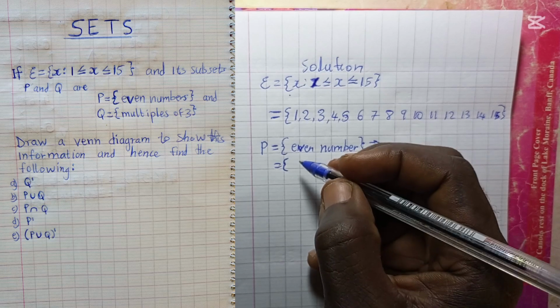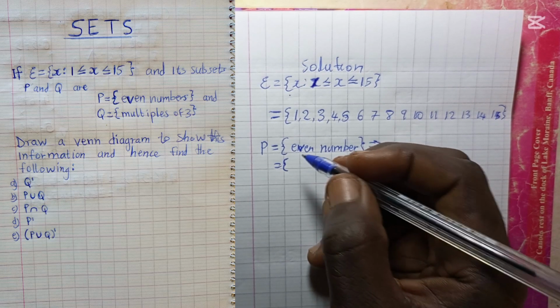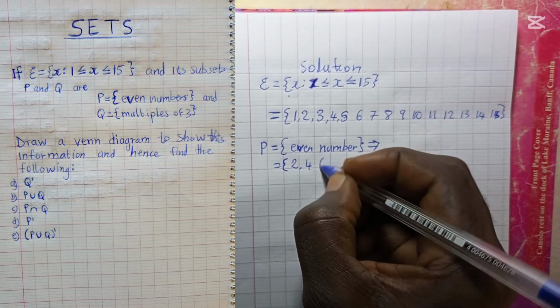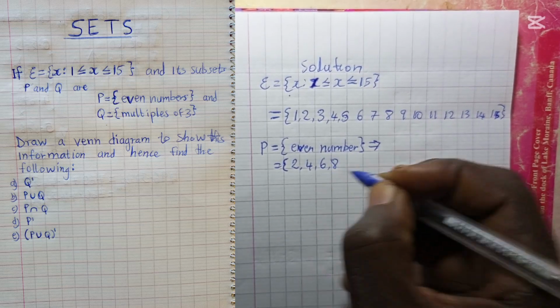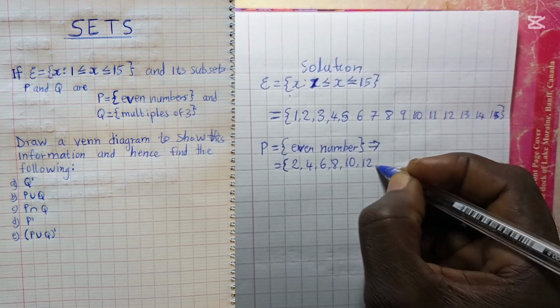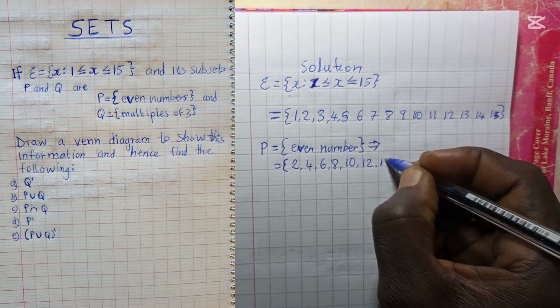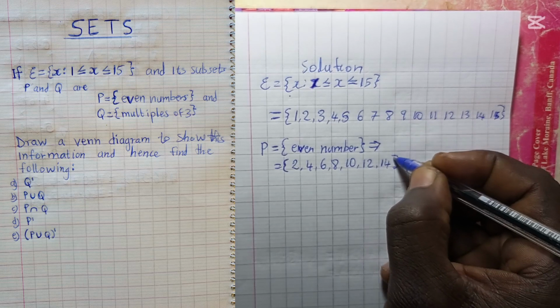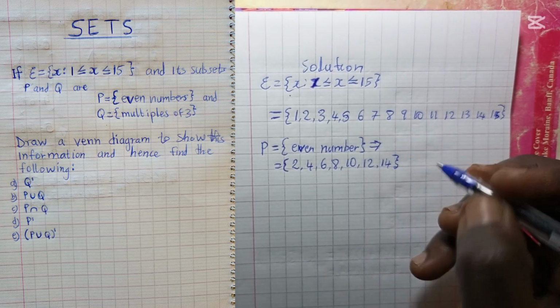The even numbers that can be found in the universal set are 2, 4, 6, 8, 10, 12, and 14. So these are the elements of set P.